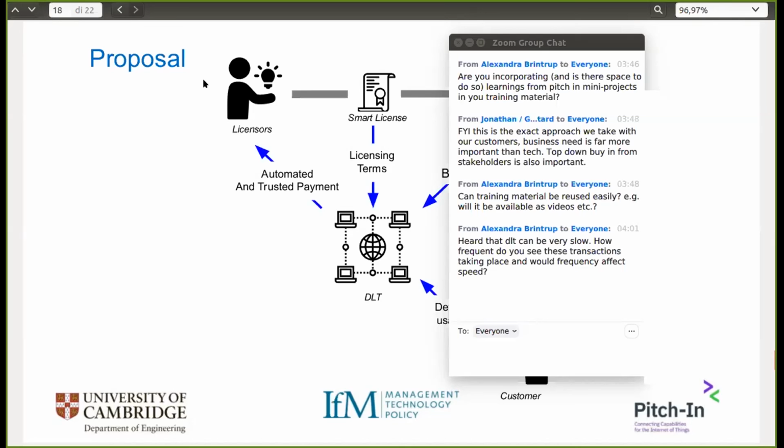Yeah, thank you for the question, Max. So basically, today there are a lot of proposals regarding IP and blockchain, and all of those are connected mainly to creative industries, because the model in creative industries is a little different.